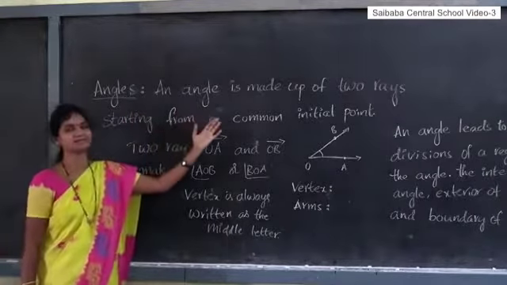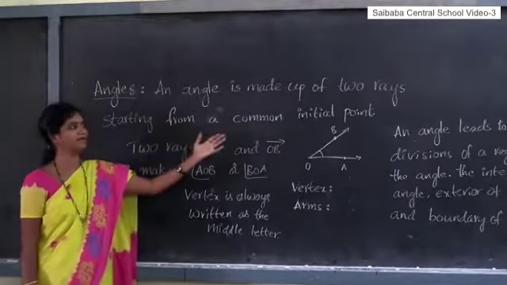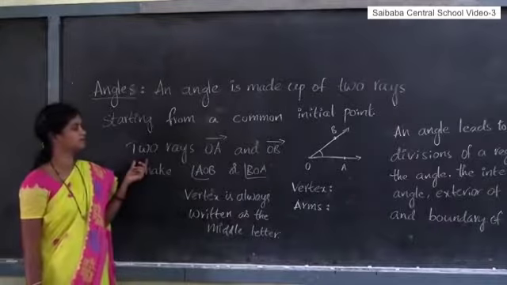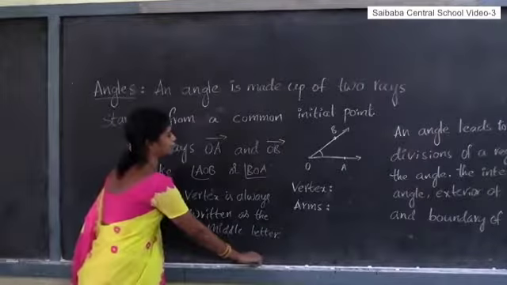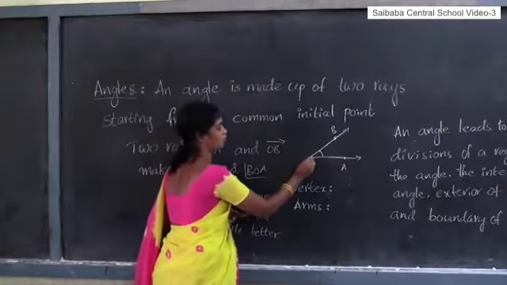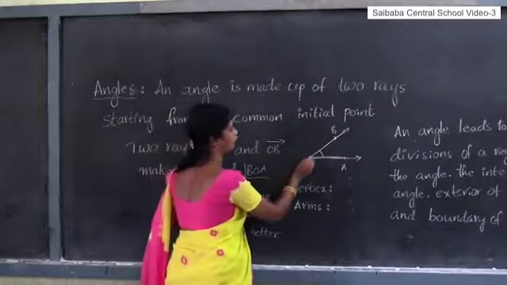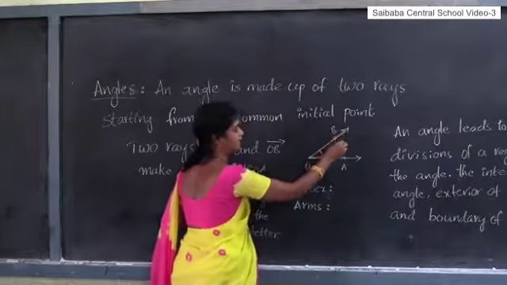An angle is made up of two rays starting from a common initial point. So if you take two rays OA and OB, OA is the first ray and OB is the second ray.